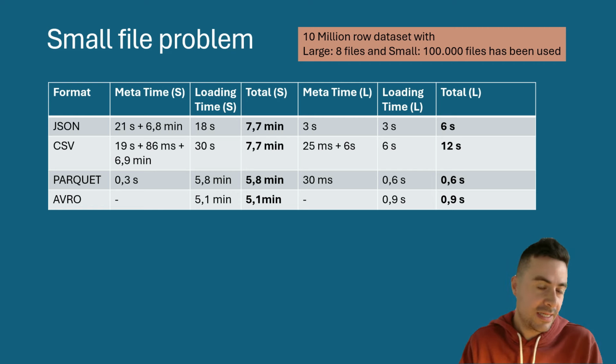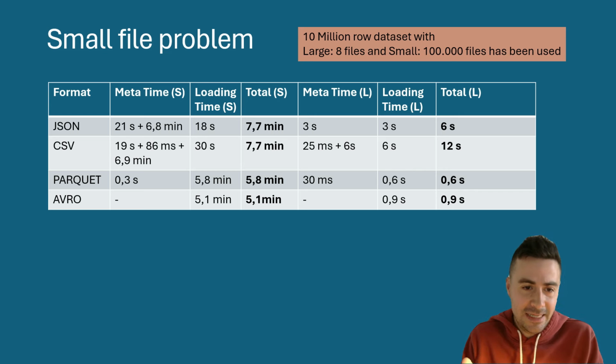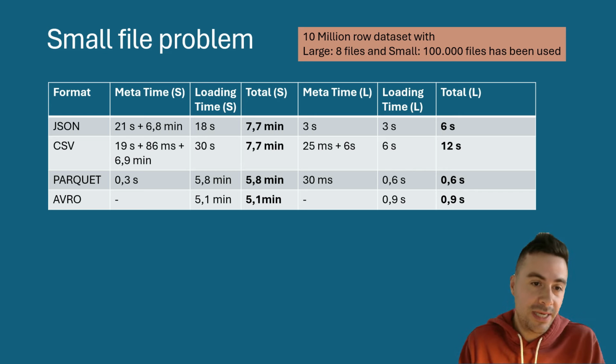And the reason for that is that Spark has to load all those small files at once, because a lot of files get into a partition, and it's like an overhead for Spark.